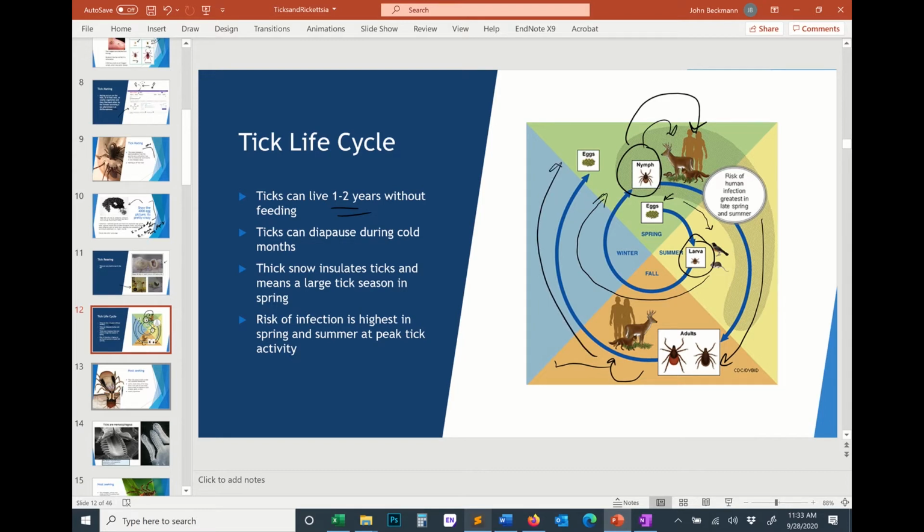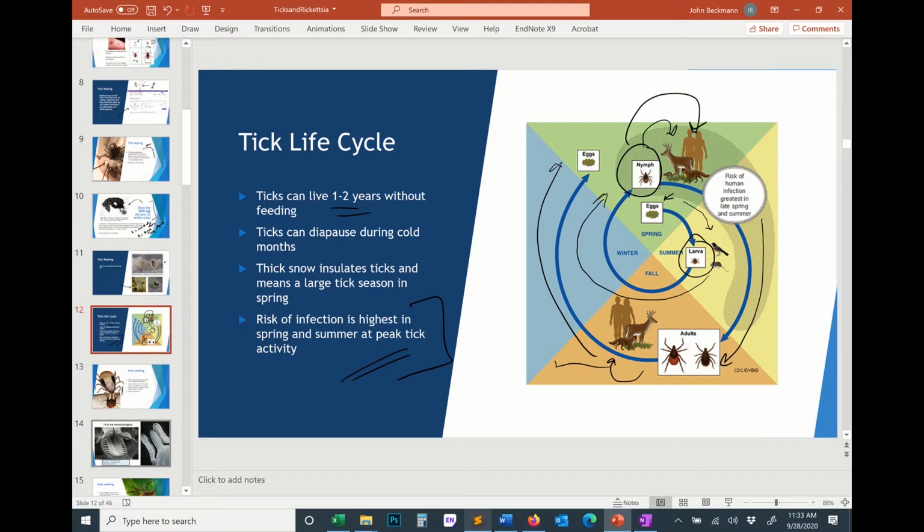Let's see, risk of infection is high. This just notes that, and this is actually how they originally found Lyme disease, they noted that there were a bunch of people coming into the clinic at a certain time of year, only in the spring.